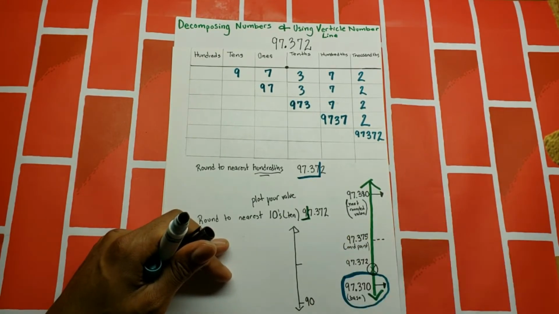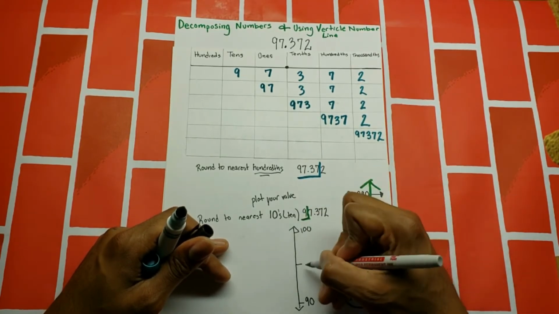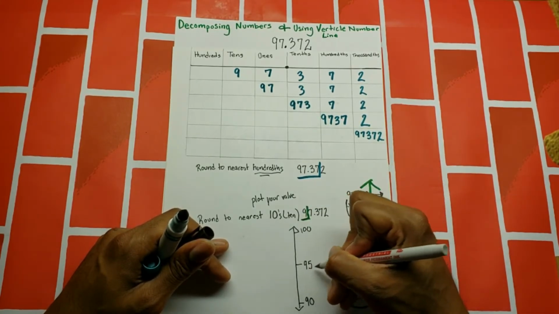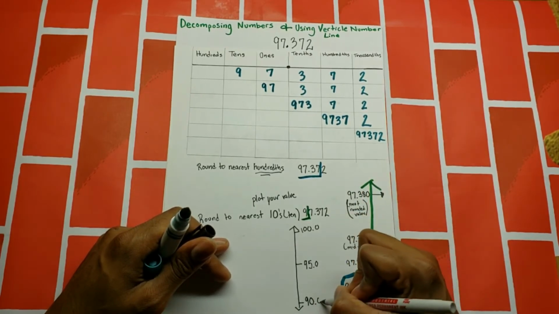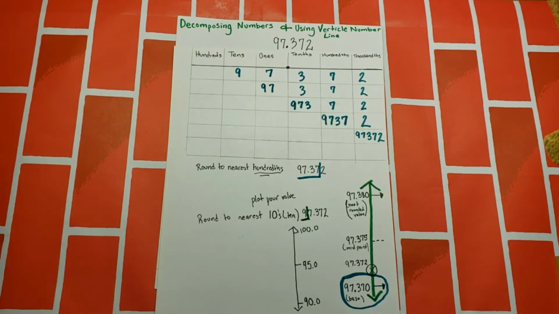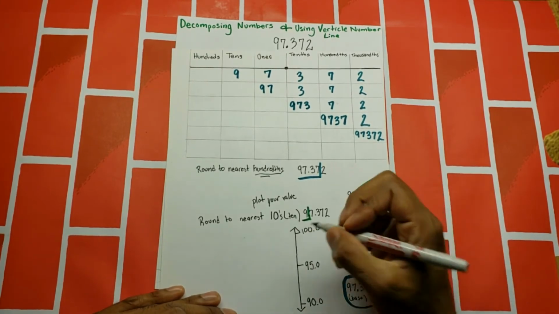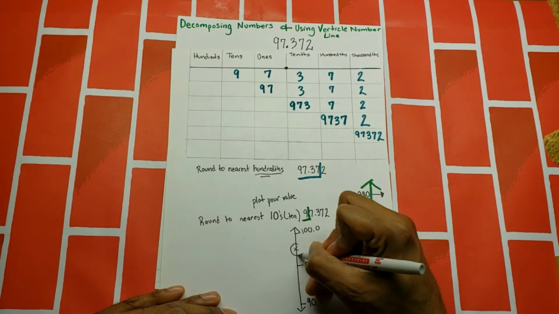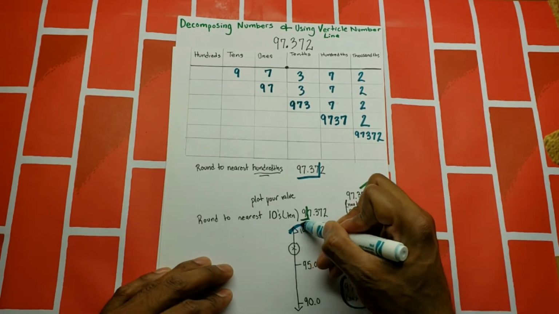The next 10 up, 90 plus 10 will give me 100. And my midway point is 95. Let me just add a 0 here, 0 here, 0 here, even though I'm looking at my ones place value. Now I'm plotting my number, 97, which is going to be between 100 and 95. Based on the visual representation on the number line, I know right away that I am rounding up.